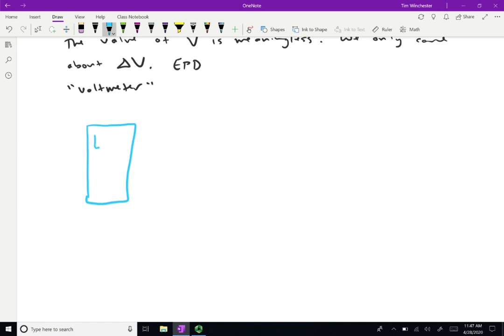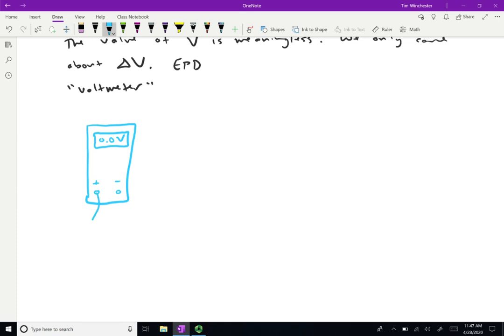It has a screen which lists some measurement in volts, so 0.0 volts for instance, and it has two wires connected to it. One is the positive and one is the negative, which all that actually represents is that the positive one is the higher one. It doesn't mean one's positive and one's negative. One could be positive but less positive than the other. It's just saying which one's higher and lower.